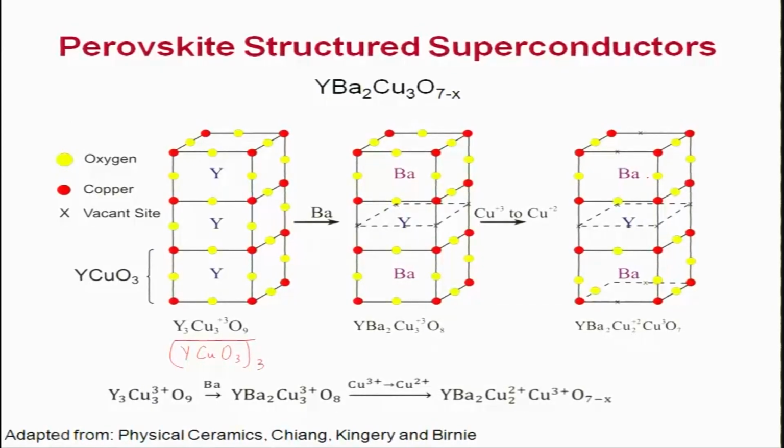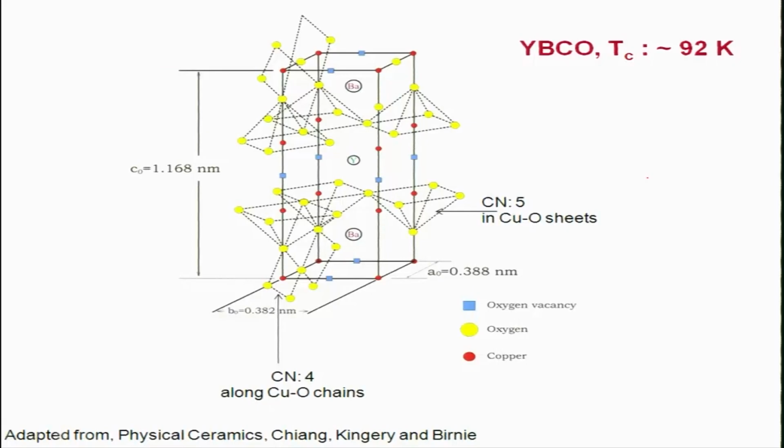So, it does not have the typical octahedral coordination. For example, the copper in these positions has 5-fold coordination because the one oxygen on top, which was present earlier, has gone missing. So, instead of 6-fold coordination, you end up having 5-fold coordination.